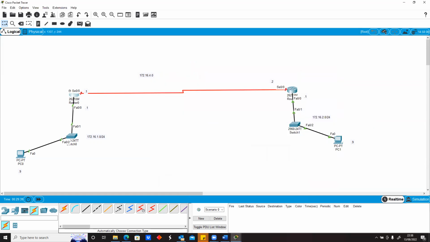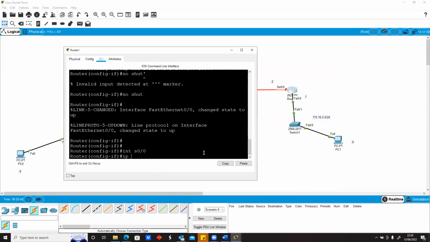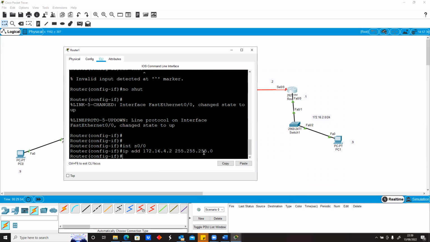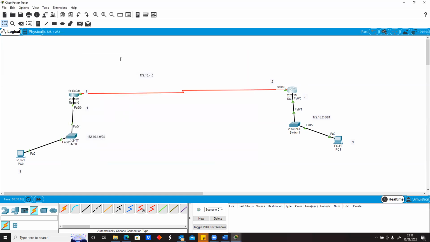And then I go on to the other device, interface F0/0, and I do IP address 172.16.4.2, 255.255.255.0, and I'll do a no shut. Now, once I do a no shut, the interface will turn on. So at this point, we have our initial configurations done on this one.